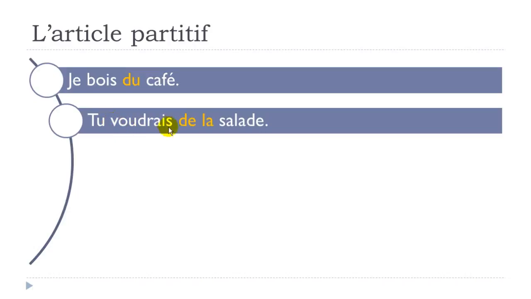So normally we tend to use this conditionnel form. So tu voudrais, you would like to have. And then salade, and it's feminine, so you should put the feminine form of this partitif, so de la salade, some salad. Tu voudrais de la salade.